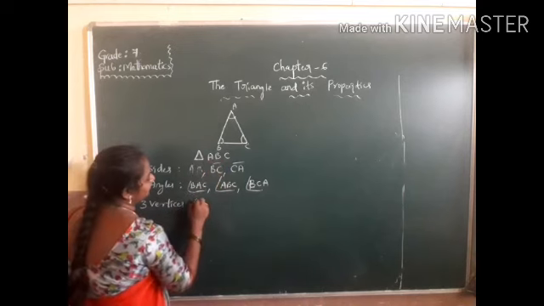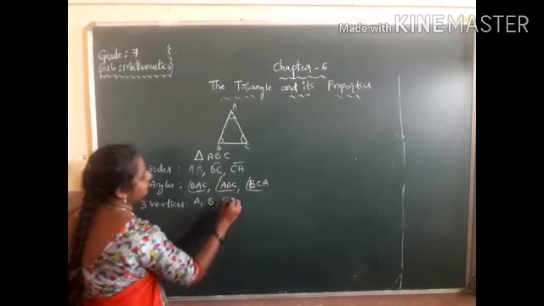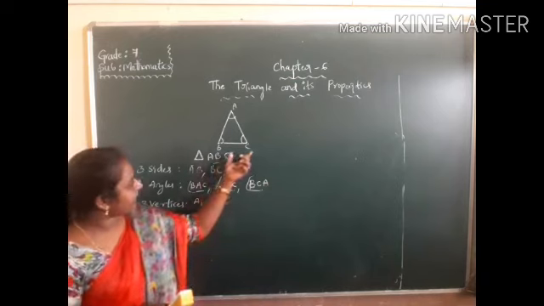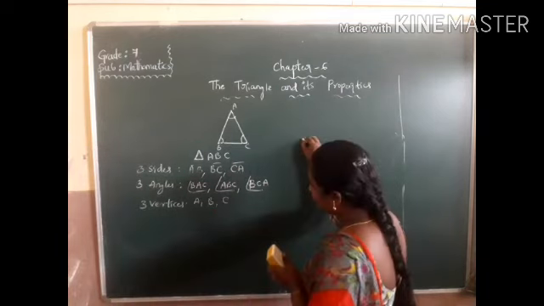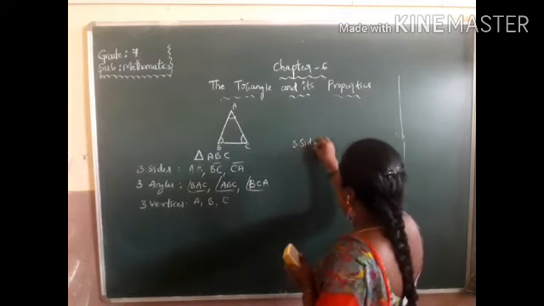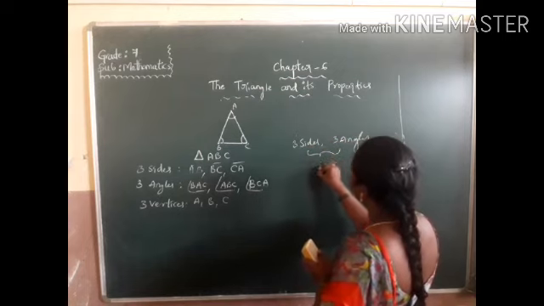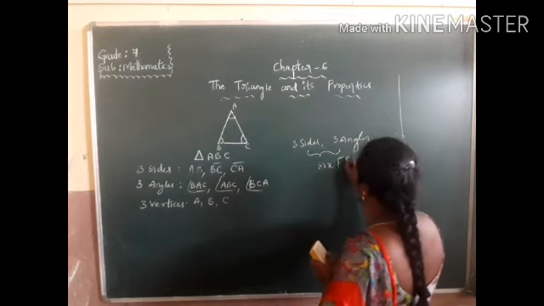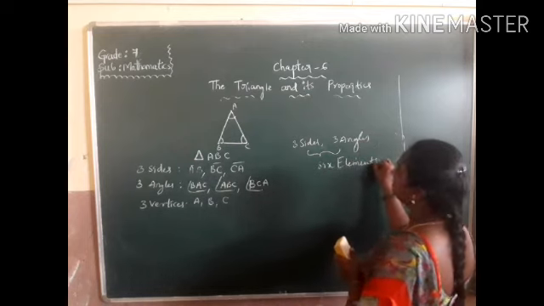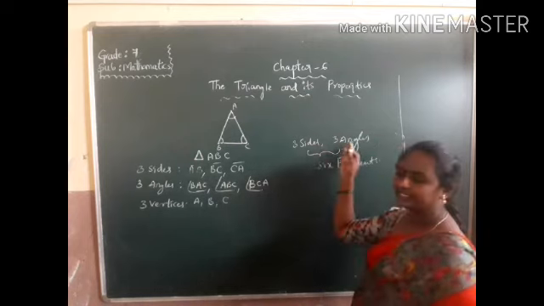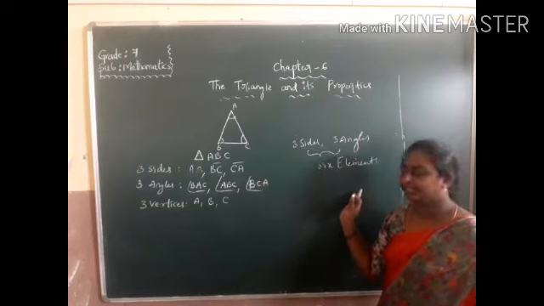What are they? A, B, C. So a triangle contains 3 sides and 3 angles. These are the 6 elements of a triangle: 3 sides and 3 angles.